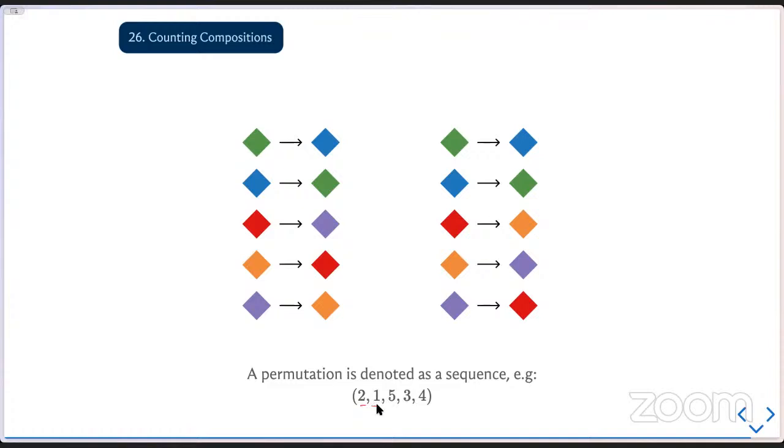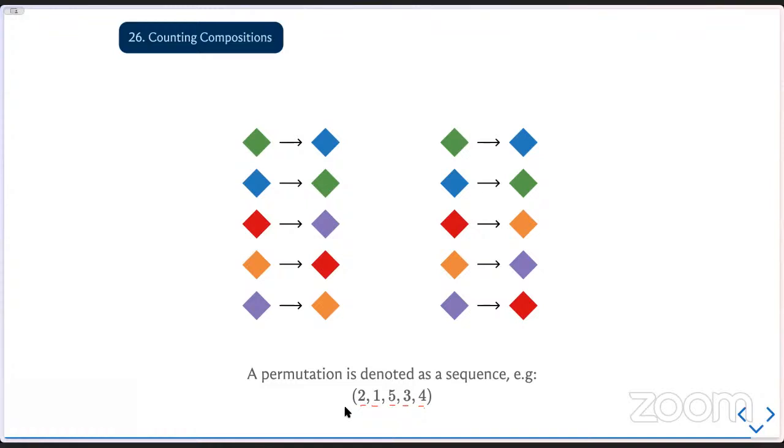So you assume an implicit indexing, which is 1, 2, 3, 4, 5 in this example. And so if the array says 2, 1, 5, 3, 4, the way to read that as a permutation is to say that 1 goes to 2, 2 goes to 1, 3 goes to 5, 4 goes to 3, and 5 goes to 4. So think of the implicit array index, which I have not written out, as being the domain.